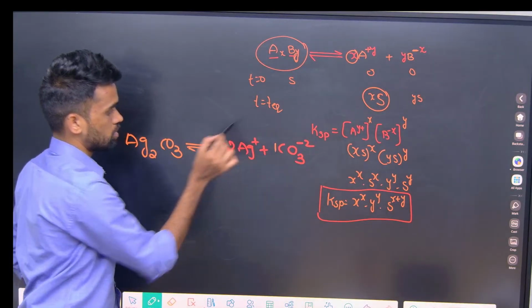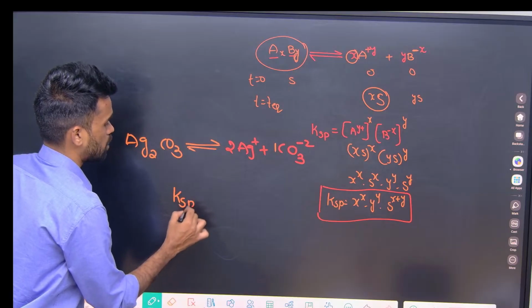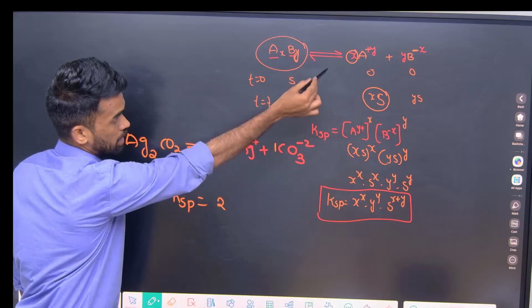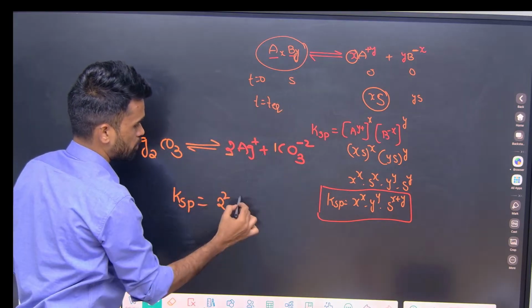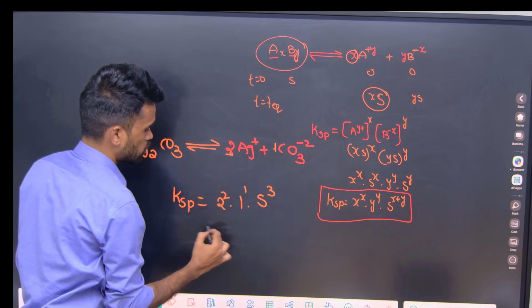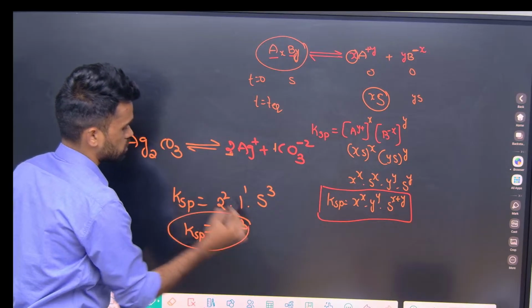So 1 carbonate ion is there. Now what is the KSP? You can write directly. Comparing with the formula, 2 power 2, 1 power 1 and S power 2 plus 1, S cube. So 4S cube is the KSP formula for this. Like this you can use it.